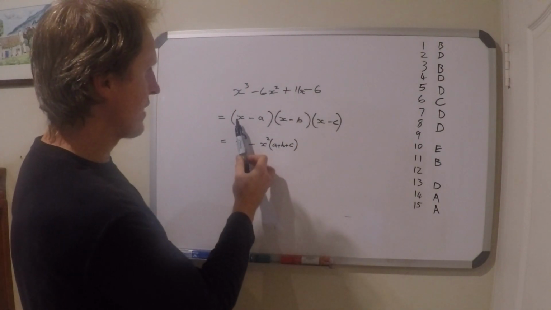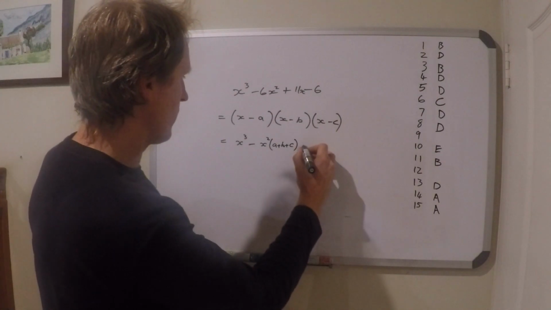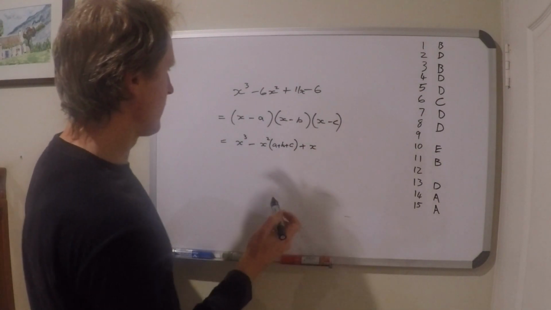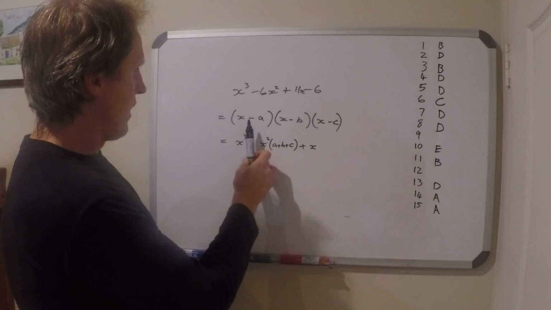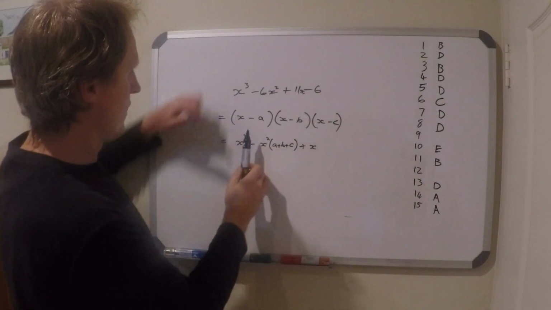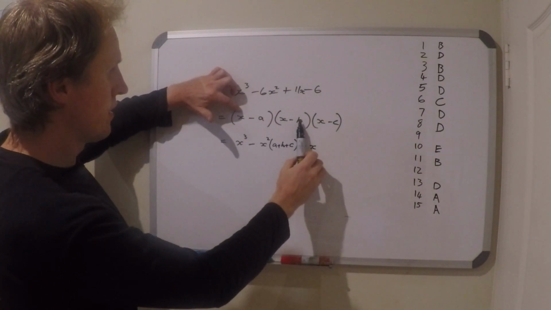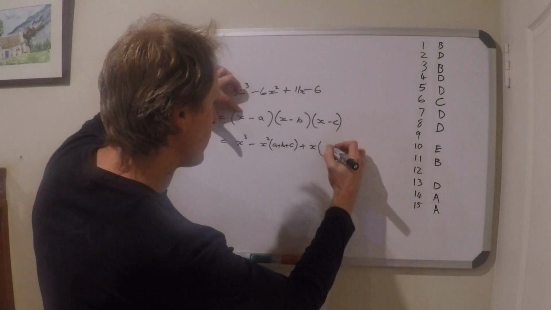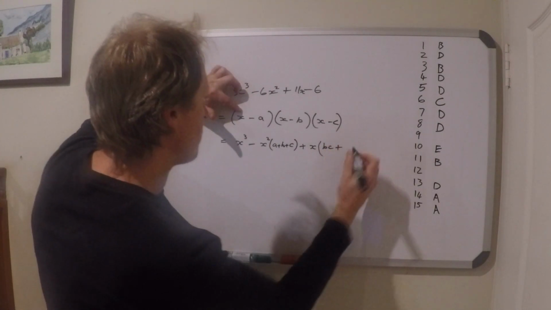What we want to do is we want to take 1 x, so let's say plus x, and so here, if we take this first x, we're going to get b times c. So let's actually write this down, bc plus.